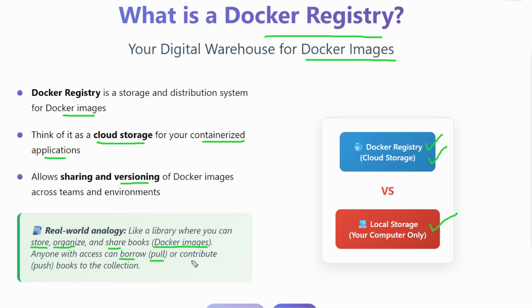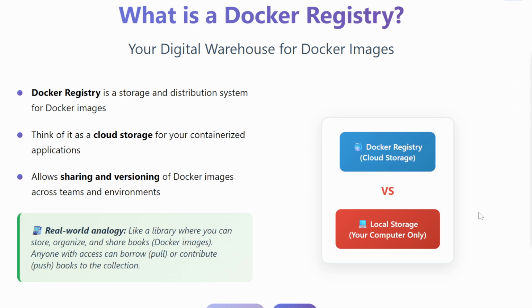Or they can also contribute, in the sense of pushing books to the collection. So the Docker image is the book, borrow is pull, and push is contribute. Just think of a library where, with the proper access, people can read the books, which are Docker images, and they can pull them, and they can also contribute, they can push.